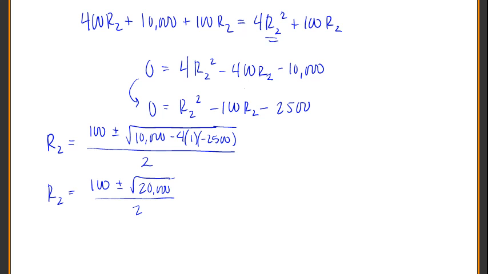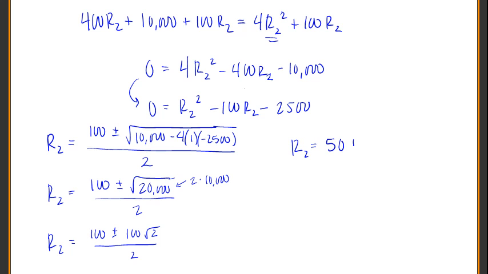Alright, so cleaning up the square root of 20,000, we can write that as 2 times 10,000, and the square root of 10,000 is 100. So R2 is equal to 100 plus or minus 100 square roots of 2 all over 2. And let's finish reducing this a little bit because 2 divides into both of those coefficients.